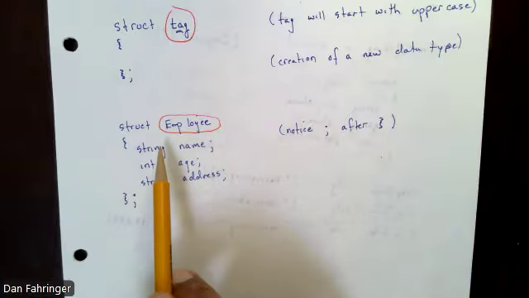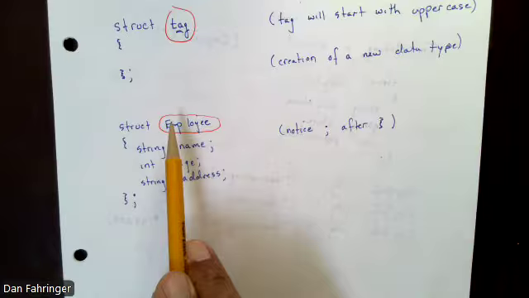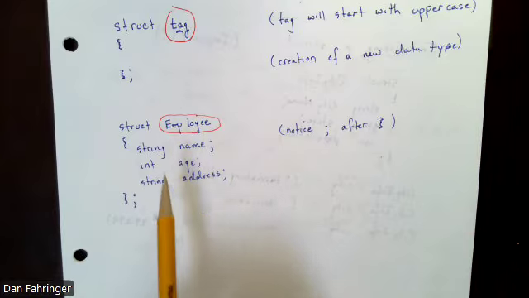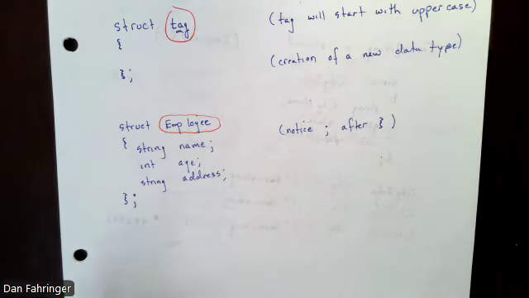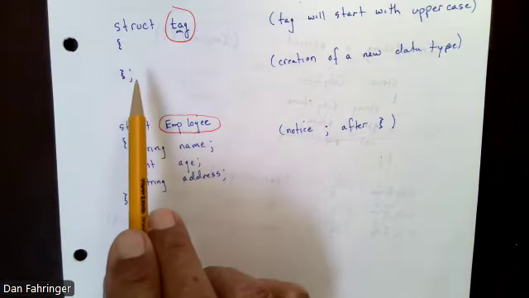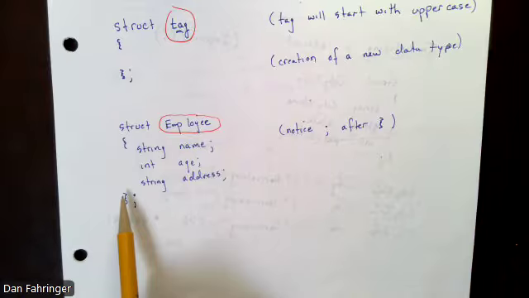We have several different data types inside of our new data type. We have strings and ints and more strings. Hopefully when you create these, you notice there's something that we haven't seen before. That's the semicolon after the right set notation, aka brace, also known as a squiggly bracket. So we're going to be able to create our own data type.